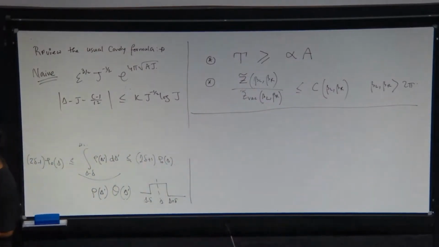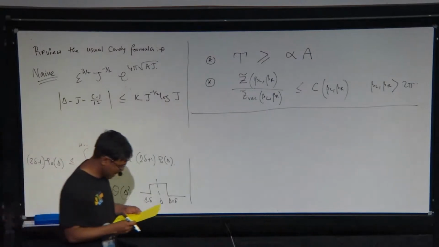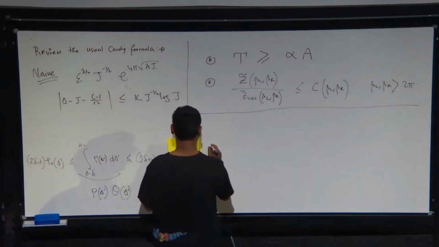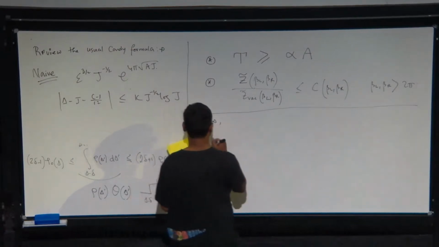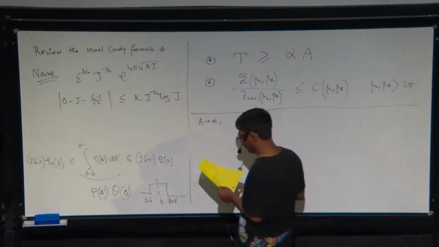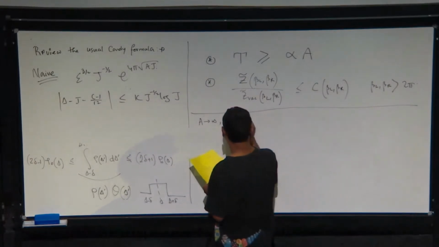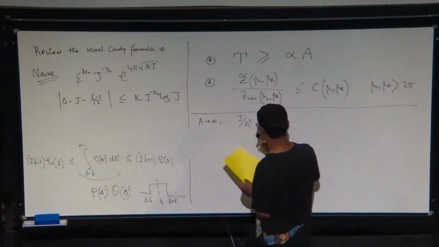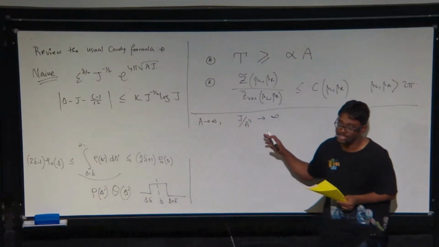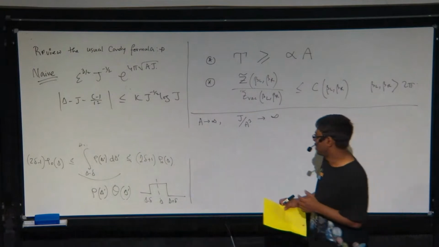involving the density of Virasoro primaries around this twist. And the result goes like this. So in this case, c goes to infinity, which basically means the central charge goes to infinity. And the spin goes to infinity in the following way. So the spin has to grow faster than c cubed.